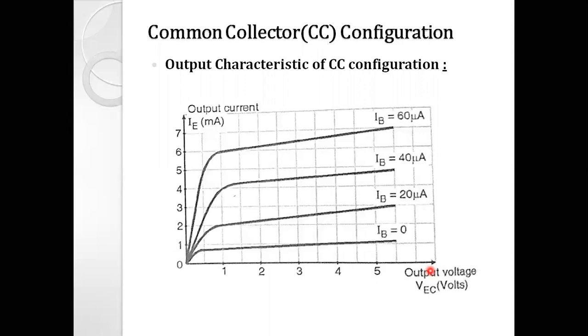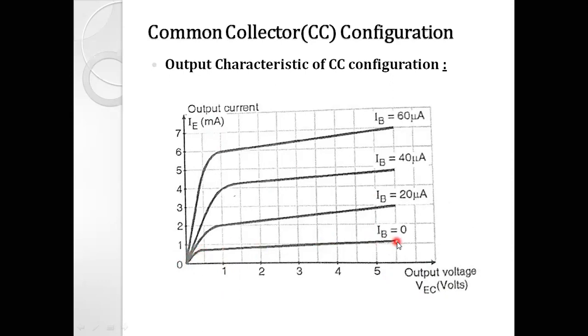Then the output characteristic, where the output voltage is VEC and the output current is IE, the relation between these two output parameters for different values of input current IB. For IB equal to 0, when we want to see the relation between IE and VEC, this graph can be drawn.